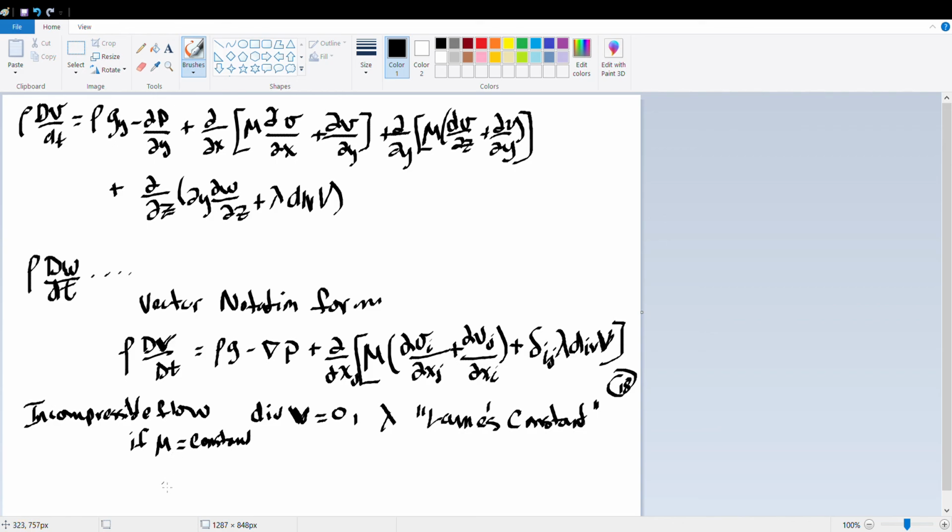So for constant viscosity and constant density, I'll just explain again, density is equal to constant.